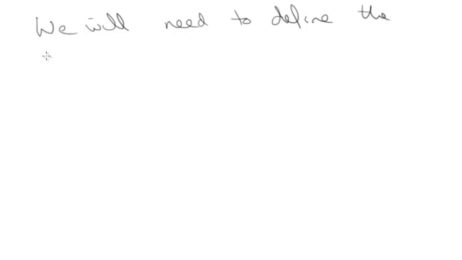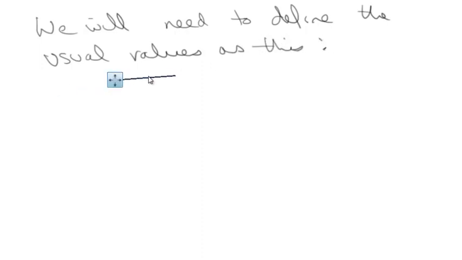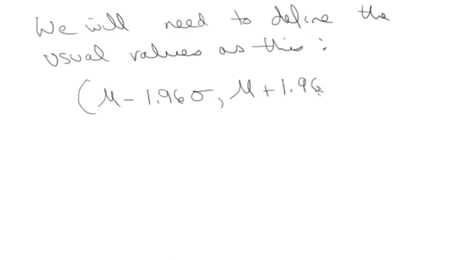Okay, so let me give you the payoff and then we're done with this video. We will need to define the usual values as this window: the mean minus 1.96 standard deviations on up to the mean plus 1.96 standard deviations. That is if our significance level is 0.05.